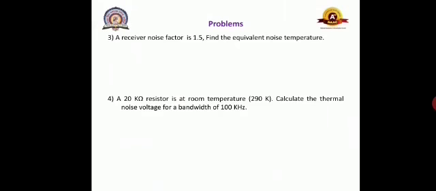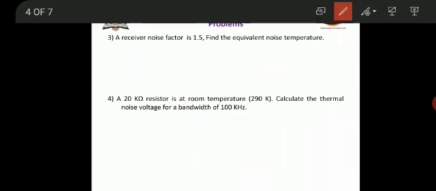Okay, the next problem is based on noise temperature. The equivalent noise temperature can be calculated using the formula Tn, the equivalent noise temperature, equal to 290 into F minus 1. This is a straightforward problem.